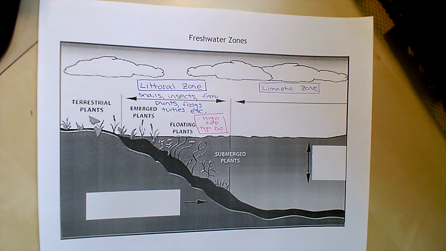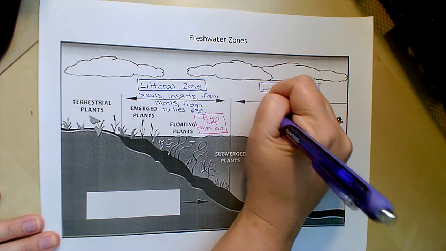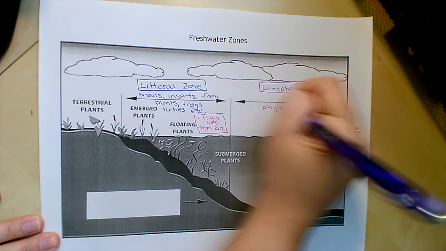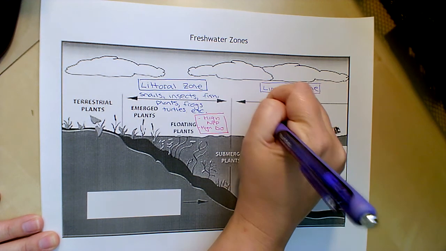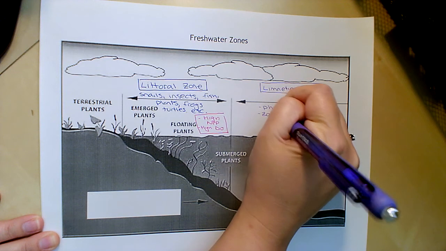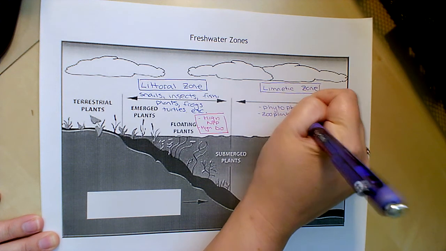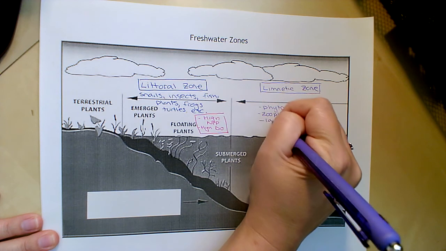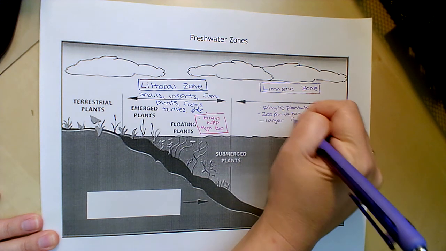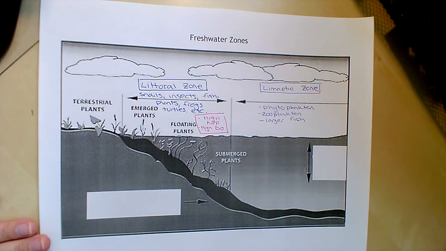So here we have a lot of phytoplankton and zooplankton. And here is generally where we have our larger fish that need more space.